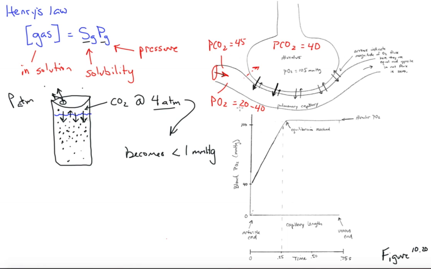The 20 would be lower, and so that would be during exercise when you're removing more oxygen from the blood, and the 40 would be at rest when you're removing less. And again, we'll get to the explanation of how we unload more during exercise in another video.